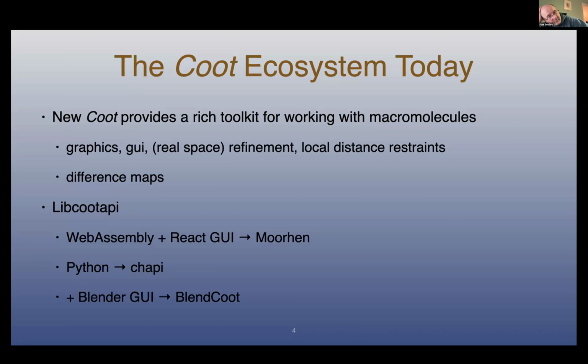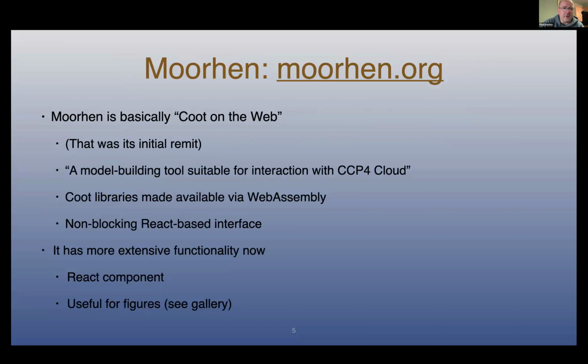It also can be combined with Python to provide Chapi, Coot's headless API. That's what Chapi stands for, Coot headless. And Chapi, in conjunction with Blender, has allowed us to develop BlendCoot, and more on that in a moment as well, towards the end of the presentation.